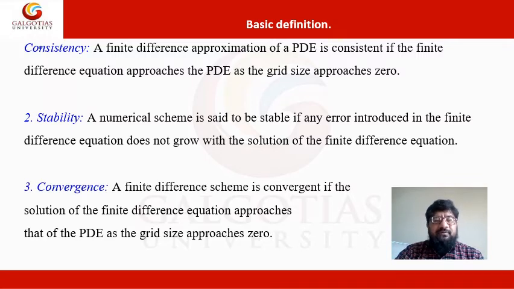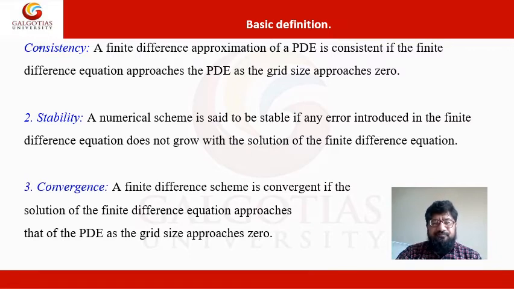There may be some round off error because we are unable to represent 1 by 3 exactly. So a numerical scheme will have these types of error. All of these errors must not grow, right? Errors will be present, but they should not grow with the iteration, that is, when we are solving the equations.